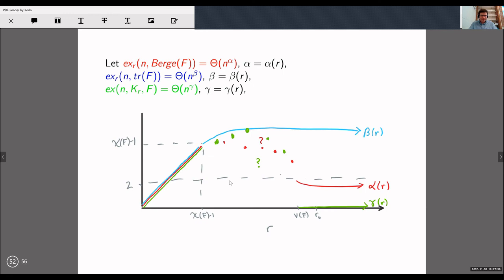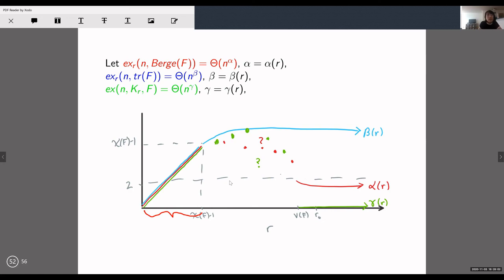Thank you. Yeah. Okay. So all of these sort of have the same behavior in the case where the uniformity is at most the chromatic number minus 1. So basically for the hypergraphs, the examples we take will just be like a hypergraph Turán construction, this balanced complete R-partite type thing.